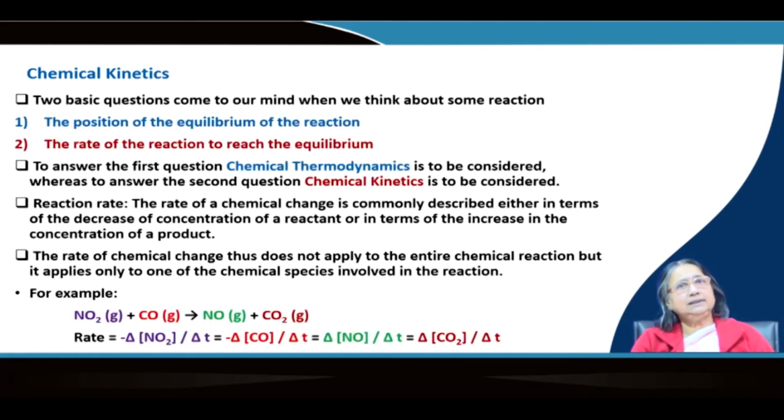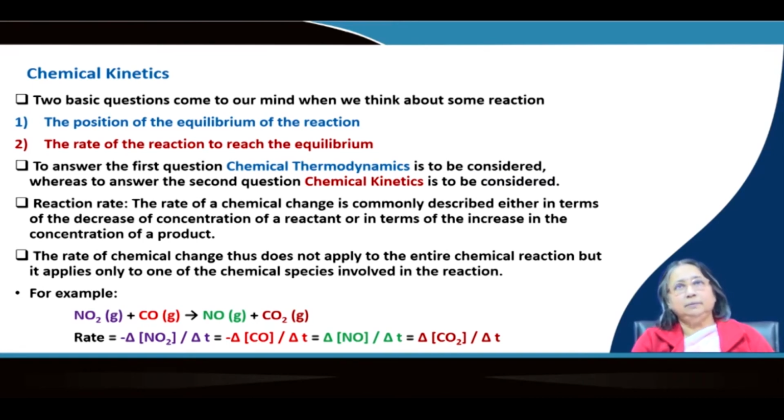Two basic questions come to our mind when we see a reaction. The first thing is the position of the equilibrium of the reaction. That means how far the reaction will go. This is already covered in chemical equilibrium. And the second question is the rate of the reaction.